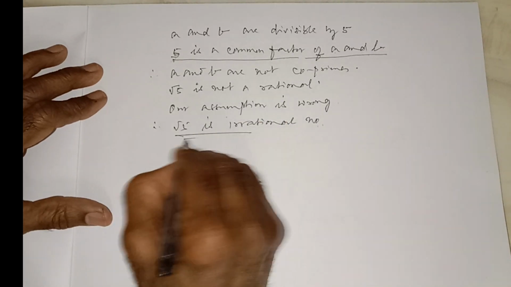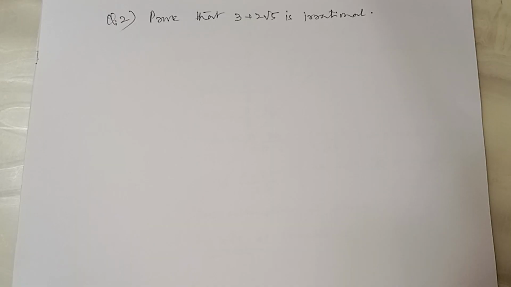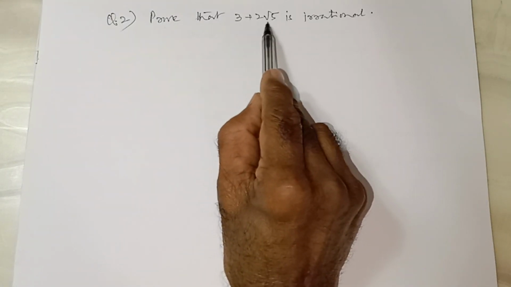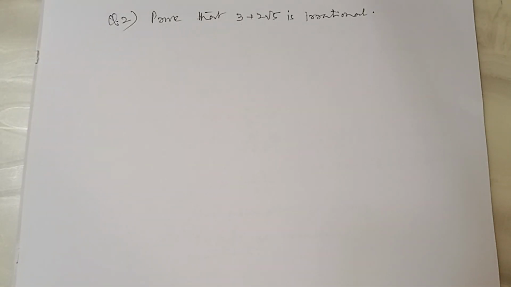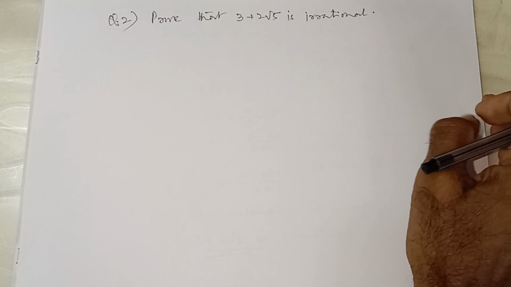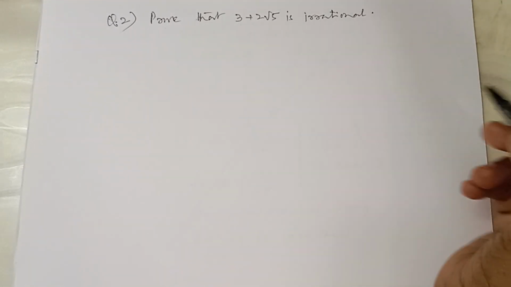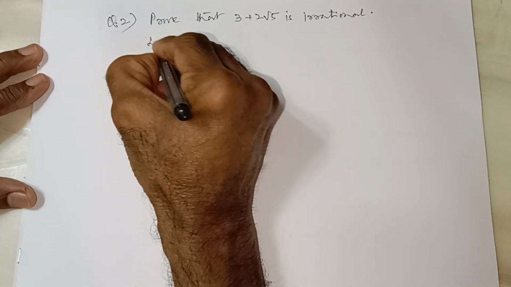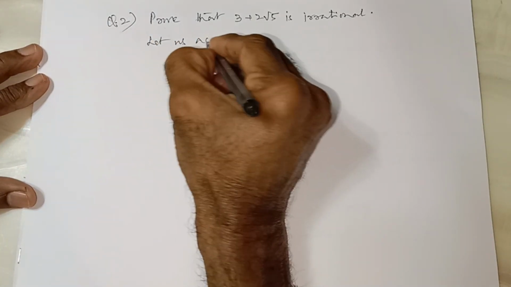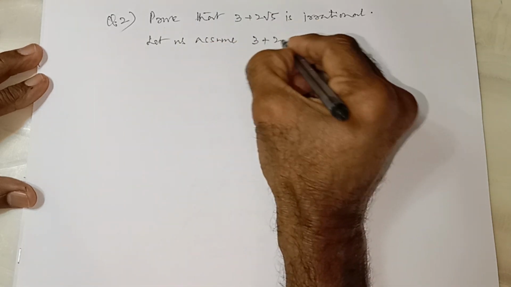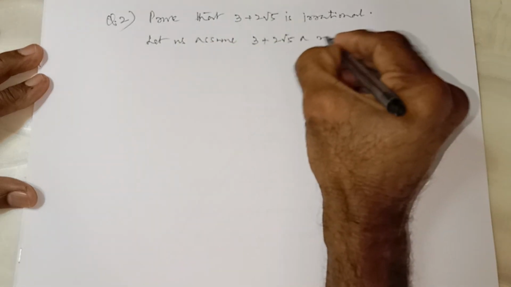This is our answer. Well friends, now we are going to solve the question number 2, which says, prove that 3 plus 2 root 5 is irrational. As I said, to prove that it is irrational, we have to first assume that it is a rational number. Let us write down. Let us assume 3 plus 2 root 5 a rational number.